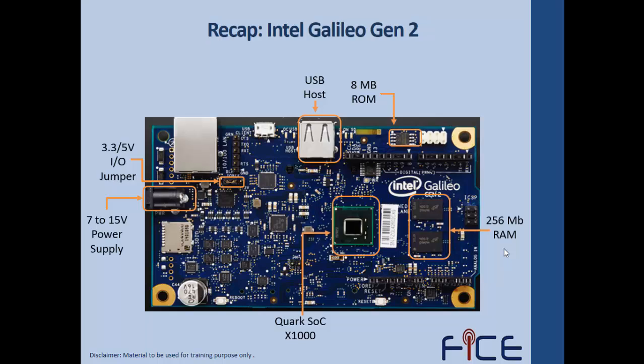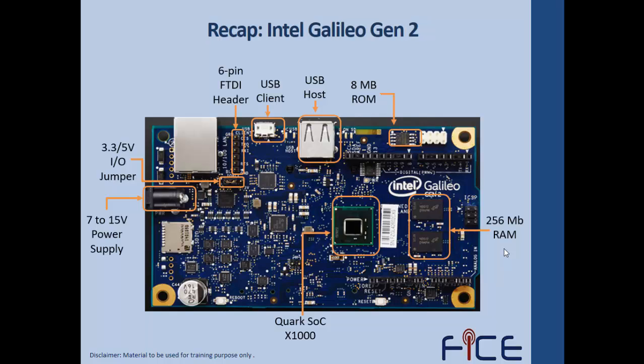This board has a dedicated host port which can be used to interface devices like a USB camera, keyboard, and mouse. And this board also has a USB client port which is used whenever we want to program this board.